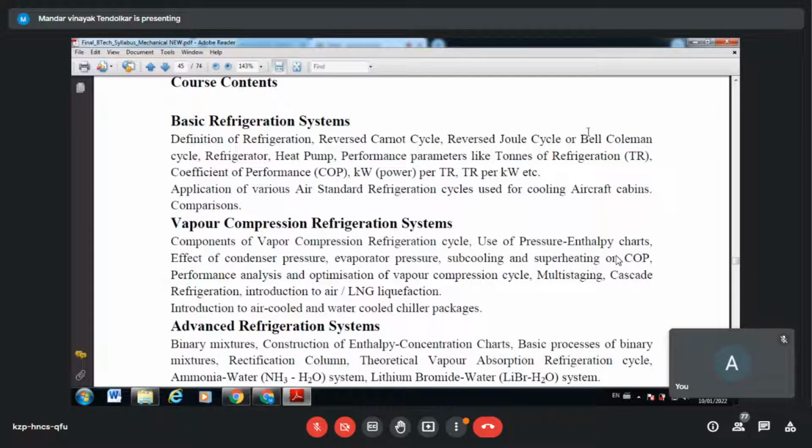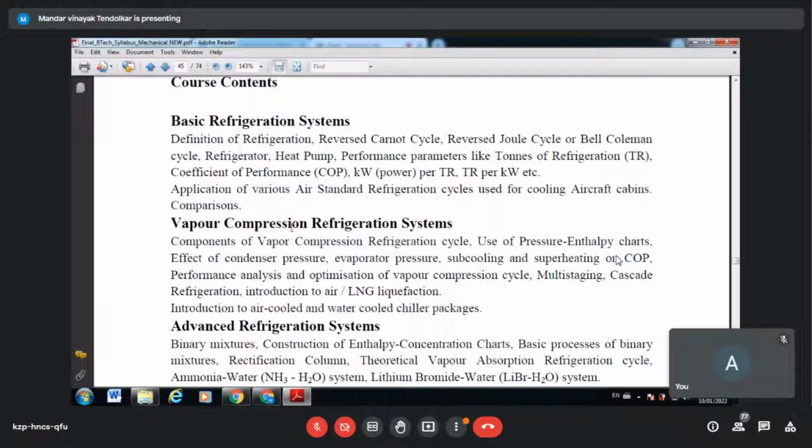That is just a revision of the second law of thermodynamics, with the help of which you define refrigerator and heat pump. Then air standard refrigeration cycles and how they are used for aircraft applications. Air refrigeration cycles are restricted only to aircraft application. Nowhere else in the world are they used. Why? I will tell you at that time.